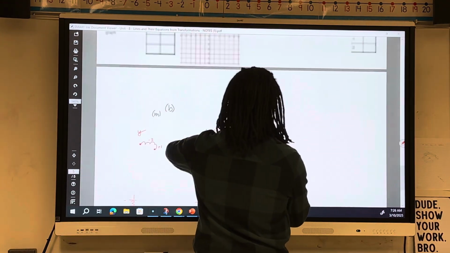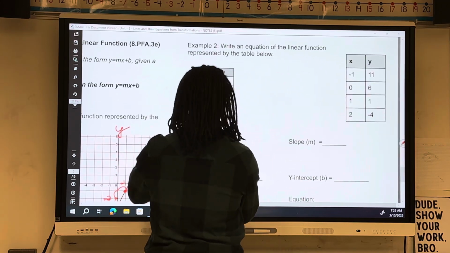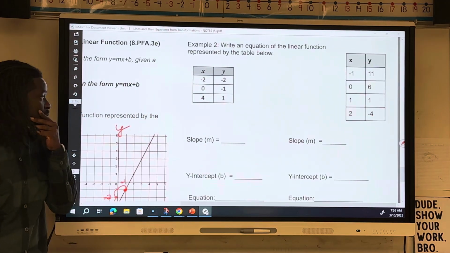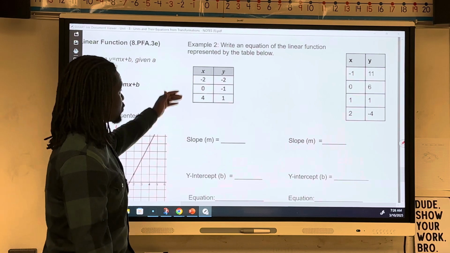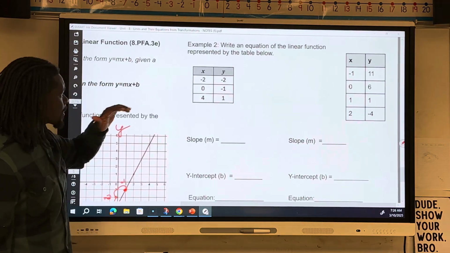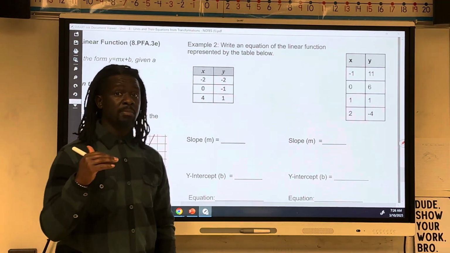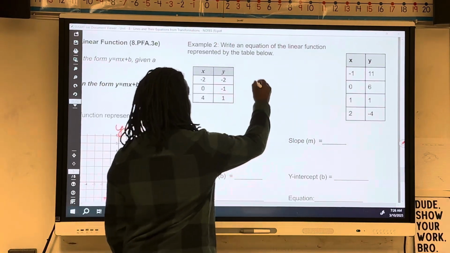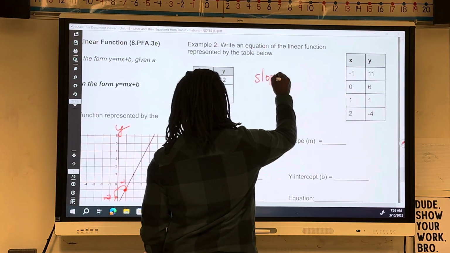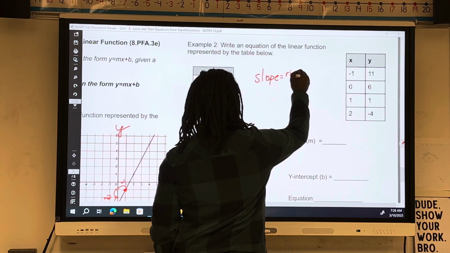In the next one, I have a table, and I want to remind us that whenever we have a table and we're looking for the slope, slope is rise over run.